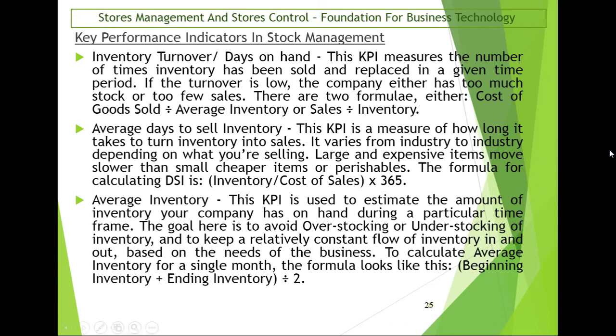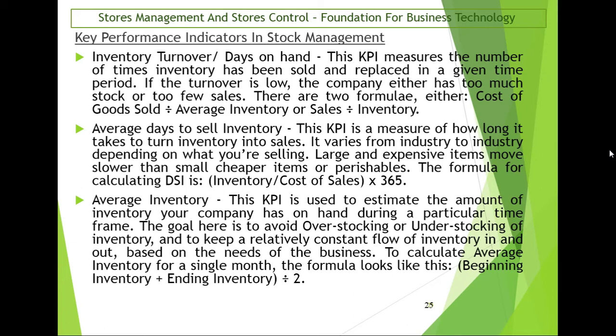As we go through these KPIs, I would like you to concentrate more on the central meaning of each KPI rather than on the formulae that are involved in calculating them, because it is not every organization that wants to calculate these indicators, but you would love to understand what each one of them means so that you can put effort to improve in each of those areas.